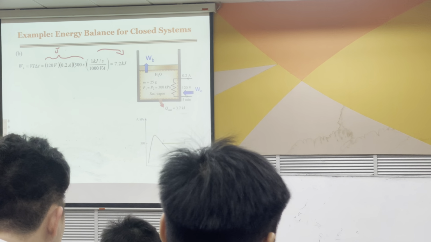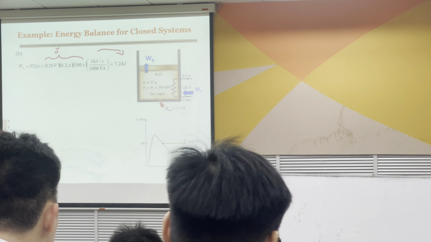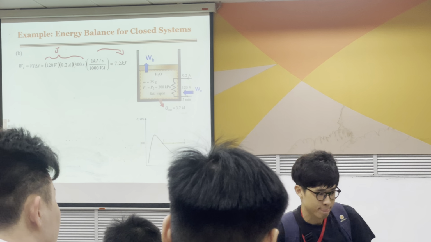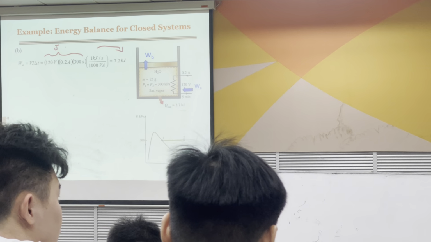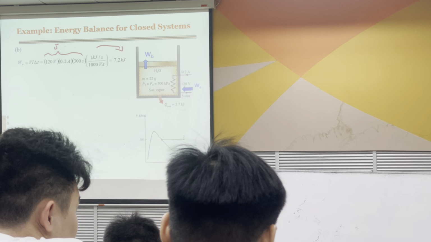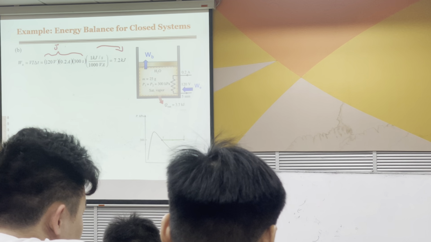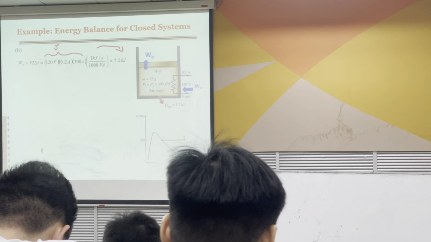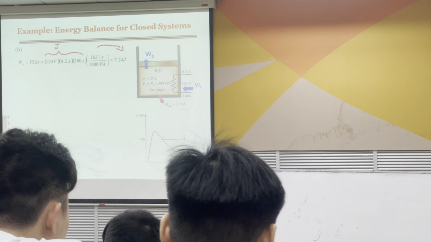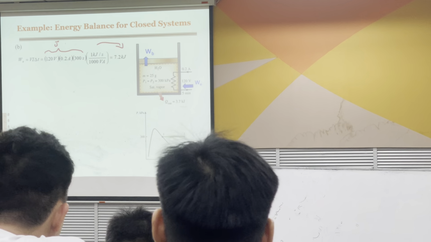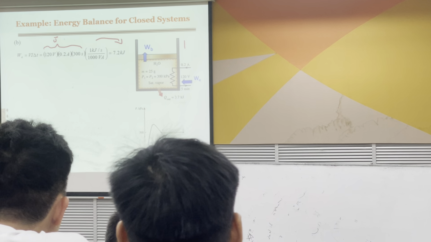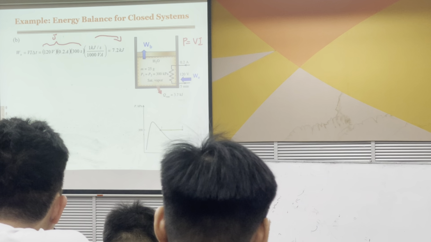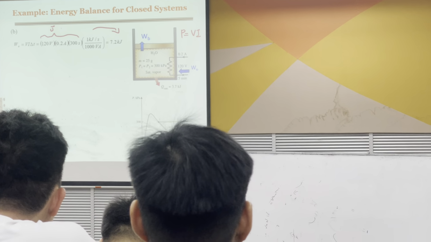What is VI delta T? This is an electric energy equation. I think if you are from mechatronics, you shouldn't be asking me, to be honest. Have you learned this? Same thing.